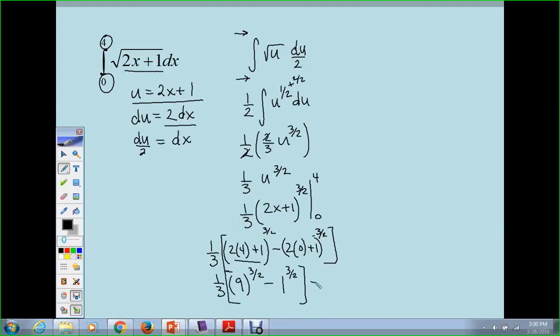So we have 1/3. Now this is the square root of 9, which is 3 cubed, which is 27. So 27 minus 1, which is 26 over 3. So there's our final answer.